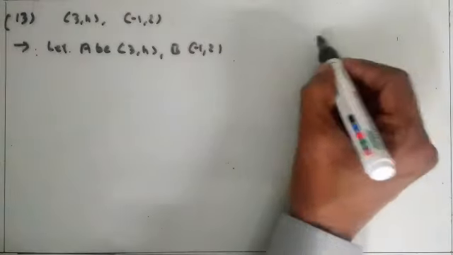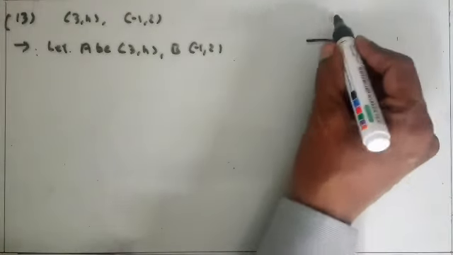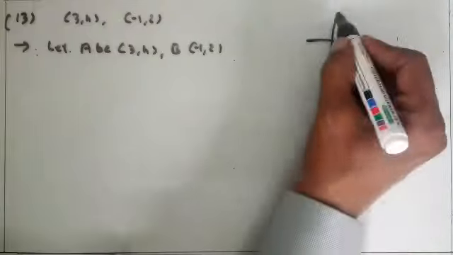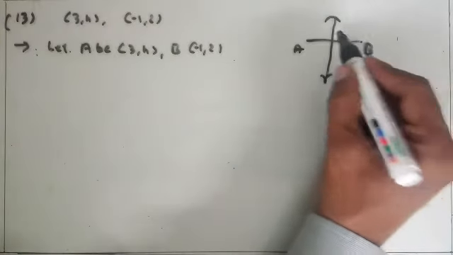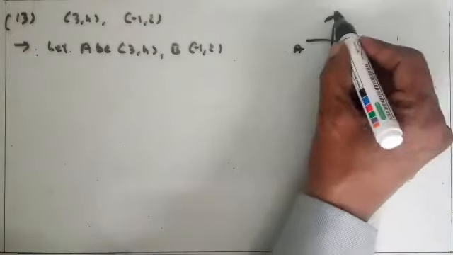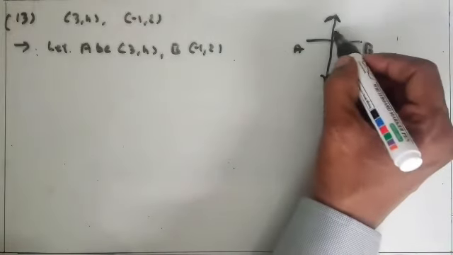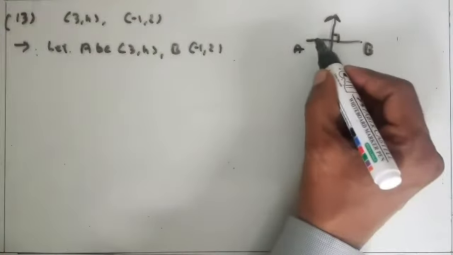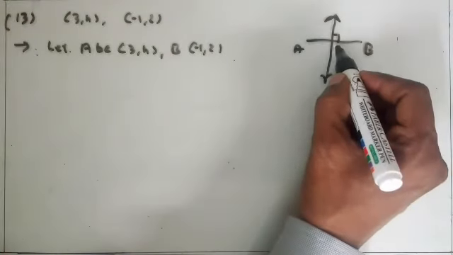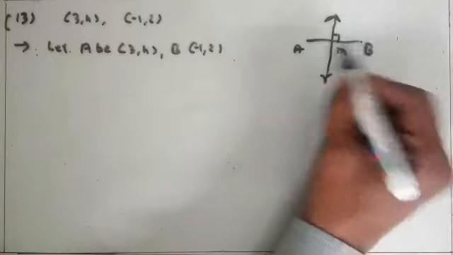So the line which divides this line segment AB into 2 parts becomes a bisector, and a right bisector, that is perpendicular to this line segment. For this, it passes through the midpoint, so we get the midpoint of AB.